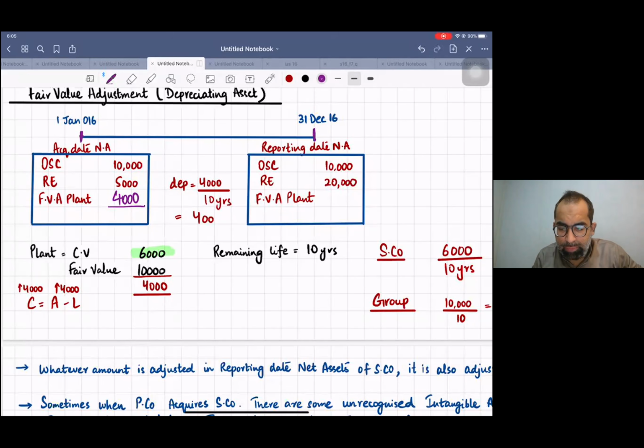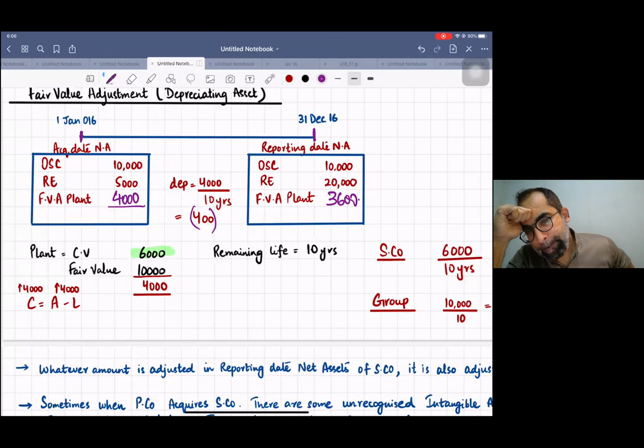So as this is only 1 year difference, 4,000 divided by 10, how much is the depreciation? 400 is the depreciation. So the 4,000 element is depreciated by 400 only. So what else is left? 3,600 is left. 3,600 will be adjusted in closing reporting date net asset. This is for depreciating assets, boys and girls.